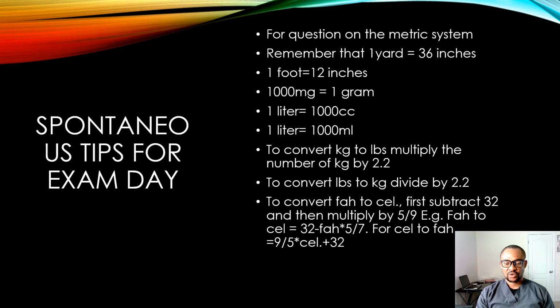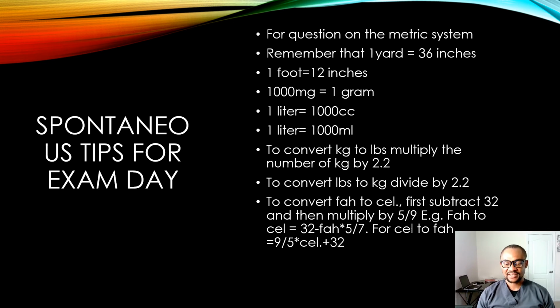If you want to convert pounds to kg, you divide. Know the difference. If you are converting from kg to pounds, multiply that number by 2.2. But if you are converting from pounds to kg, you divide that number by 2.2.